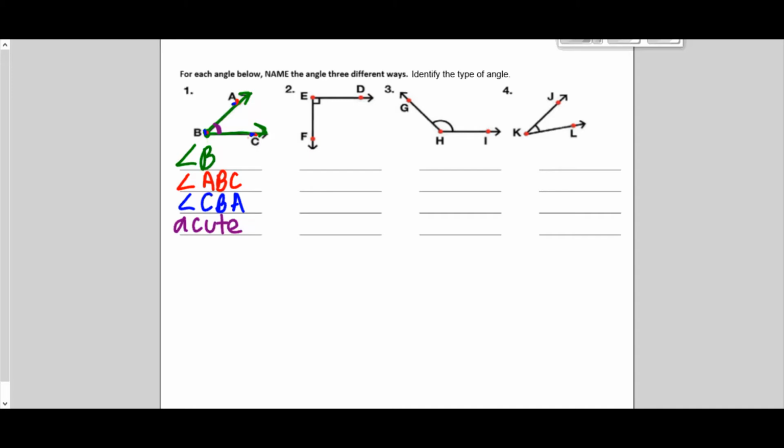Example number 2. So find the vertex. So here's the vertex, because here's ray number 1 and here's ray number 2. So the common endpoint is E, so we could name this angle E. We could also name this angle DEF.